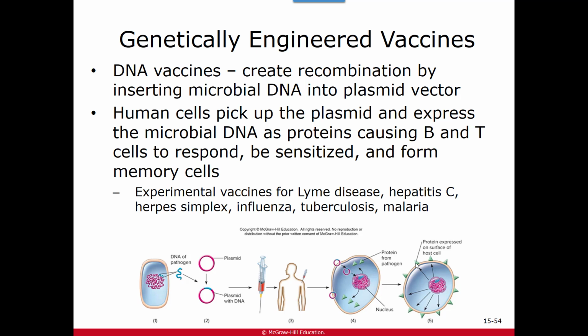It is our newest area of research. So right now we have experimental vaccines. I'm hoping soon they're not in the experimental stage, but we have experimental vaccines for Lyme disease. That would be amazing living in the area of the United States we live in these days. Experimental vaccines for hepatitis, herpes, the flu.